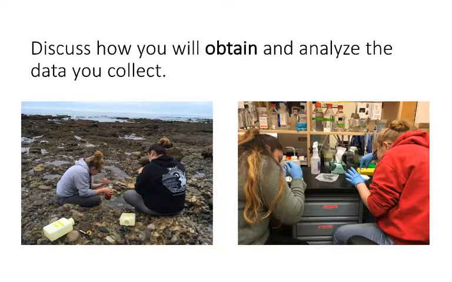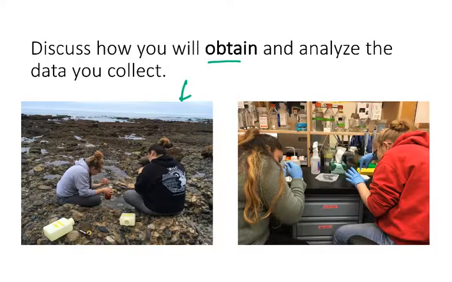And overall, what you're doing in this approach section is discussing how you will obtain and analyze the data you collect. So first, let's start with obtain. That might entail different things depending on what particular type of study you're proposing. Obtaining that data might involve, first of all, collecting samples from the field.